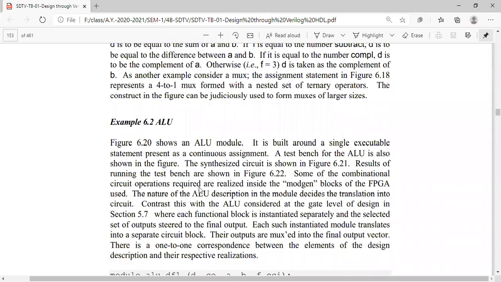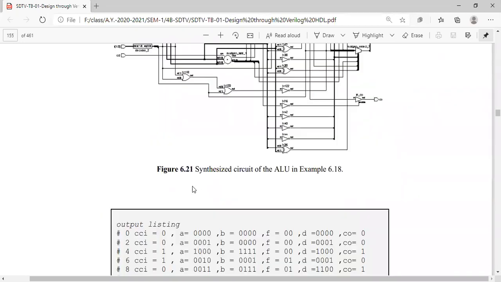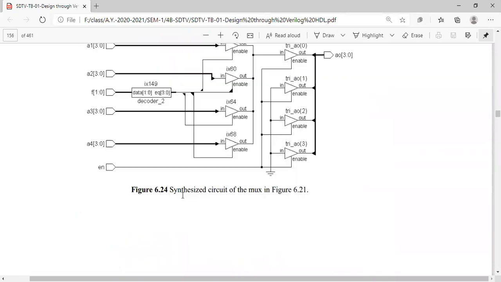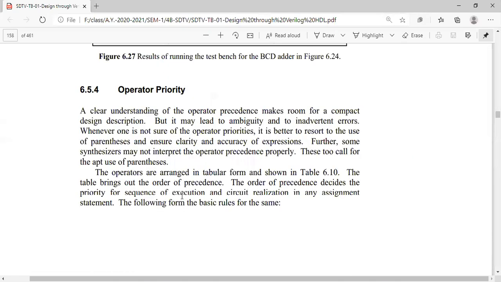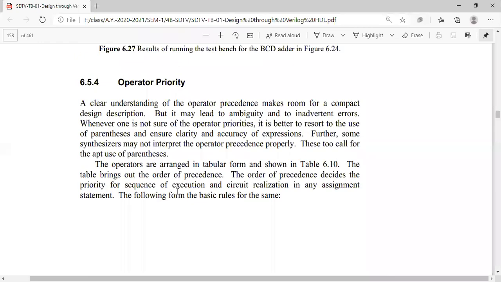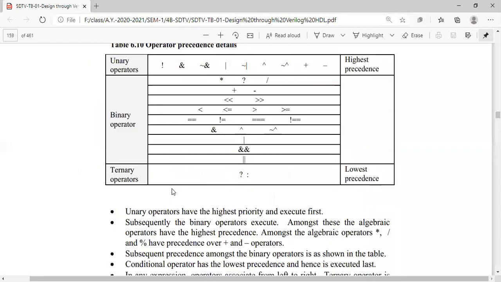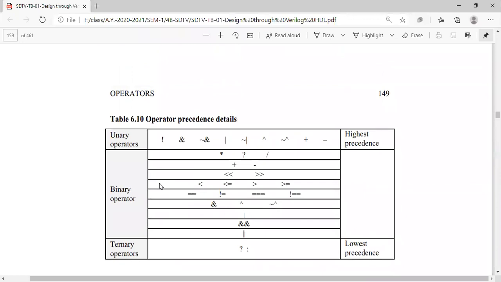So we have the programs you can see, and finally we also have operator precedence. From this operator precedence, you can see that the unary operators have the highest priority. Next we have the binary operators, and next the ternary operators.